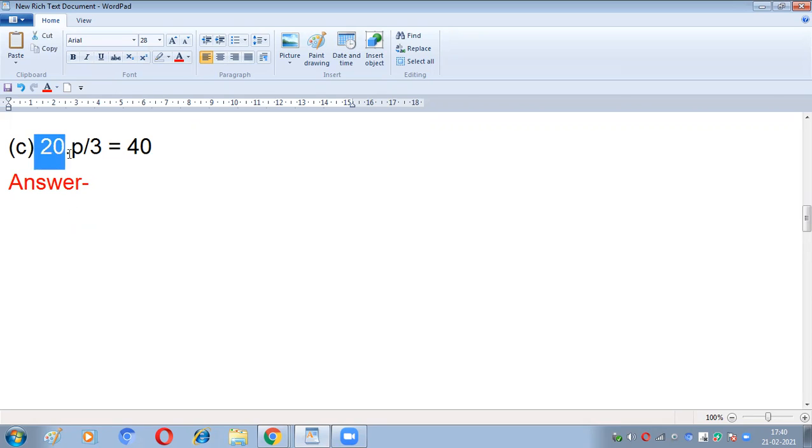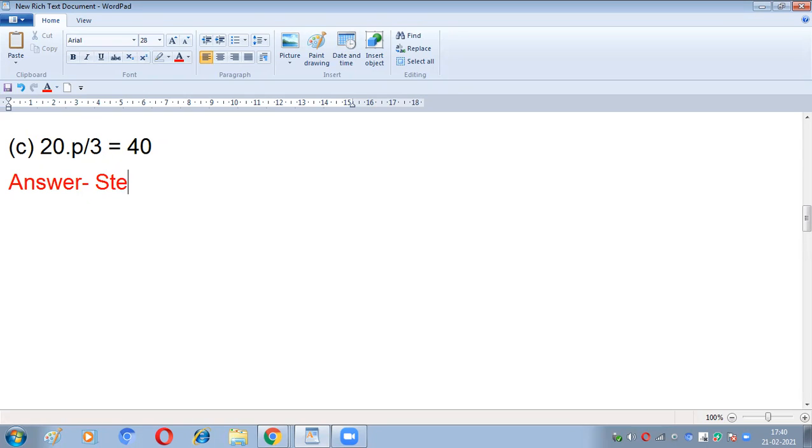Here 20 is in multiplication form, and 3 is in division form, upon 3. So now we can easily solve this equation.